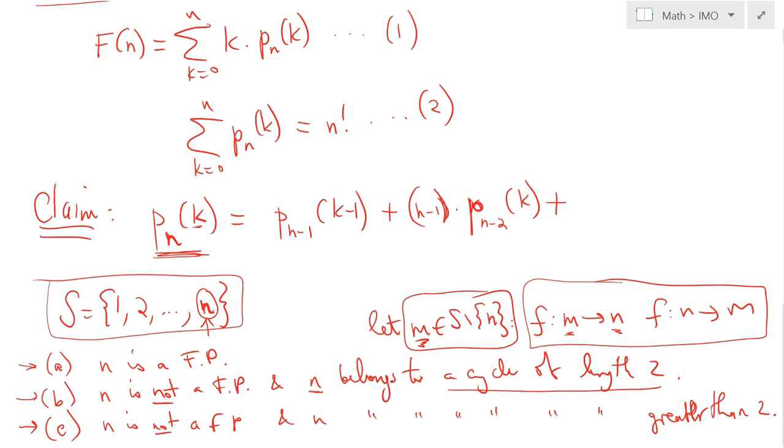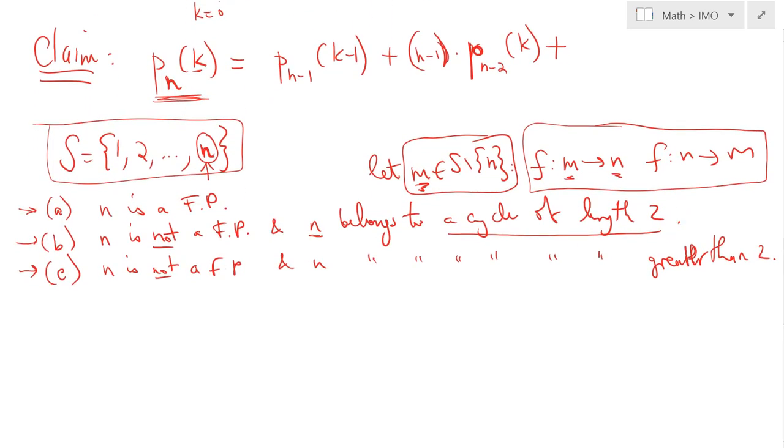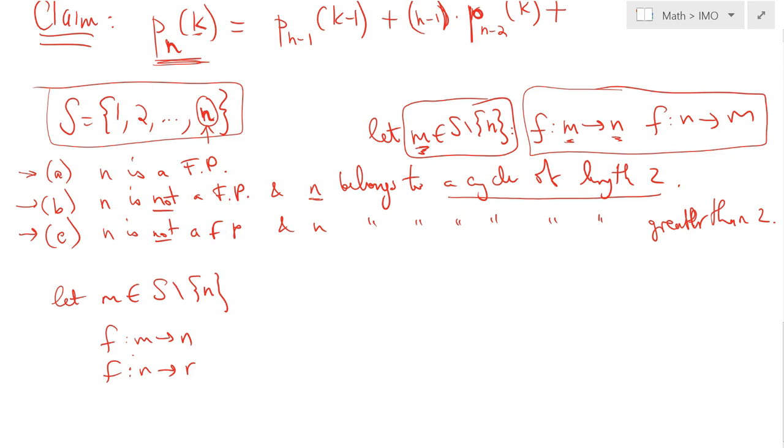What we mean by that is, using the same notation, let me just open some space here. Let m be in S minus n again. We pick an element m such that f takes m to n, and then it takes n to, say, r, and r will be mapped to whatever.